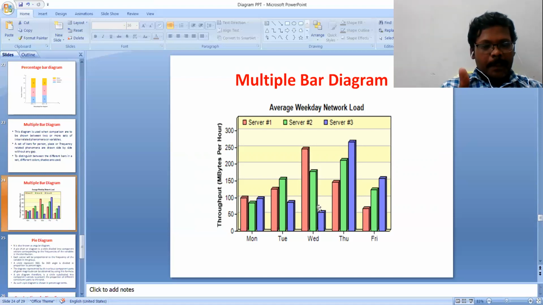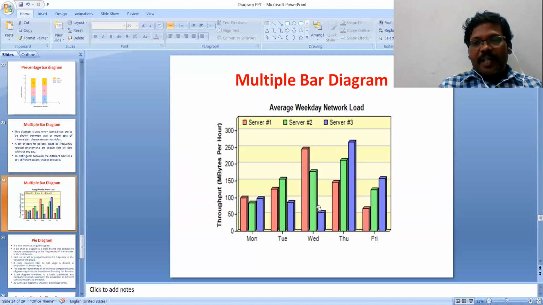On the first day, we can see A's work output, B's work output, and C's work output. On Tuesday, B's output may be more than A's or C's. On Wednesday, C's output may be more than A's and B's. On Thursday, A's output may be more, because it is based on that particular day's health condition, work mentality, and availability of tools.